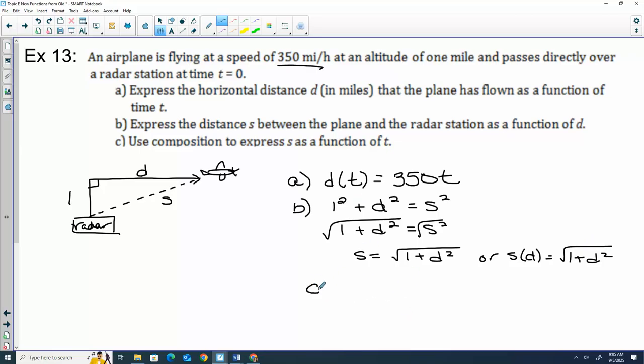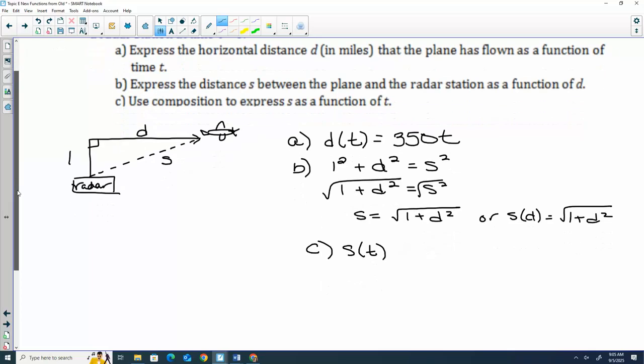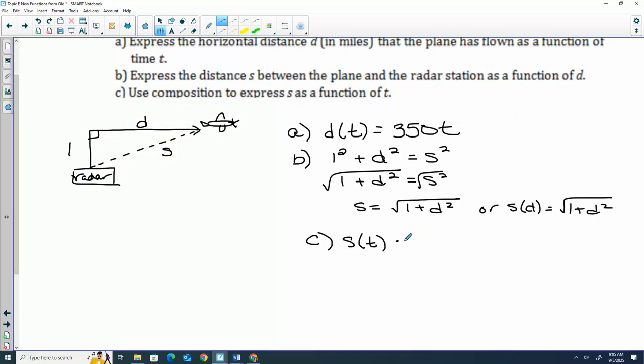So part C, use composition to express s as a function of t. So I need to give s, but I want t to be the variable instead. So we know s is the square root of 1 plus d squared.